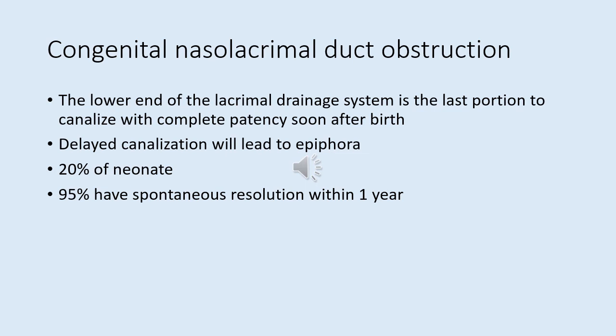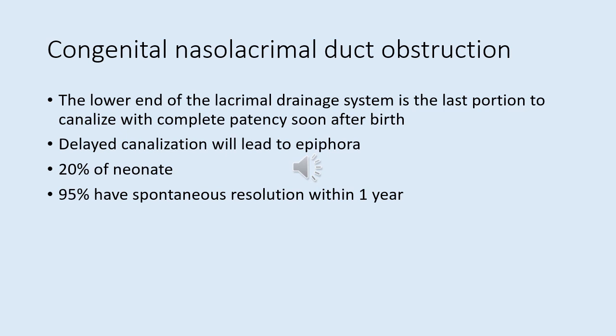Epiphora affects at least 20% of neonates, but spontaneous resolution occurs in over 95% within the first year. It has been suggested that early epiphora with resolution may be regarded as a normal variant. So this epiphora is due to delayed canalization of the lacrimal drainage system, which is known as congenital nasolacrimal duct obstruction.